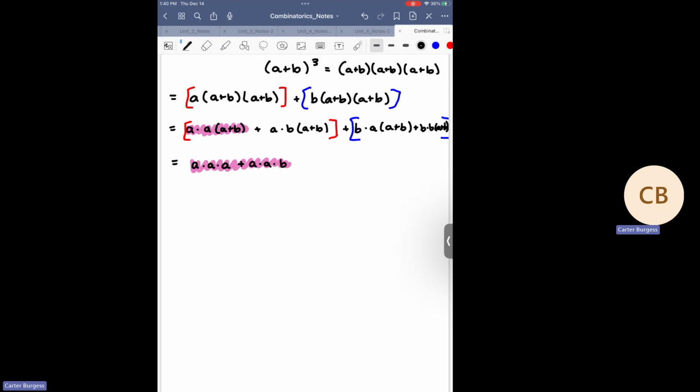If our third object for our second piece here is an A, we get A times B times A, and we get A times B if it's a B. All right, we get plus B times A plus B times A times B. Next, that's this one, the same as what we have here. And lastly, we get B times A and B times B here.